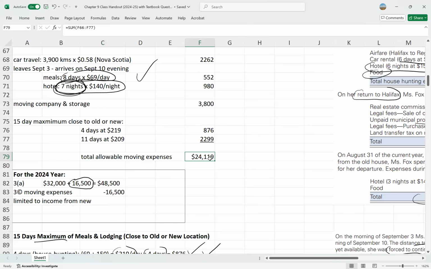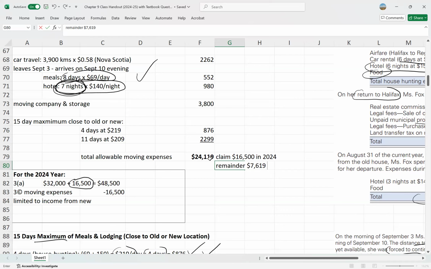So in 3C, it would be limited to the income from the new location, which is 16,500. Even though the total moving expenses is 24,119, she would claim 16,500 in 2024. And then what do we have as the remainder? The remainder is going to be 7,619. We'll just double check. No, it's going to be 7,619.